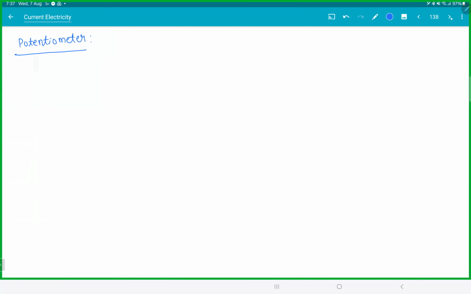So potentiometer is used to measure unknown EMF and internal resistance. So if you give me a battery, and I need to find its EMF and internal resistance, this is the thing which we use.